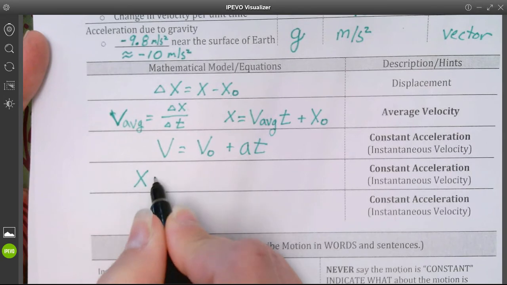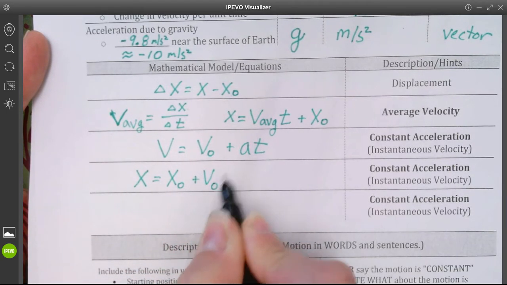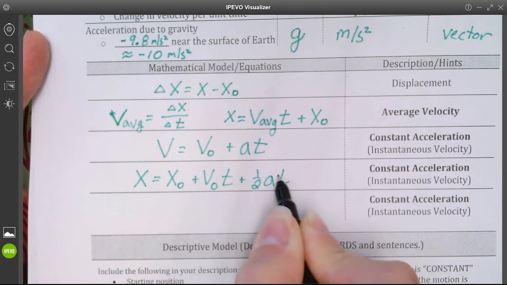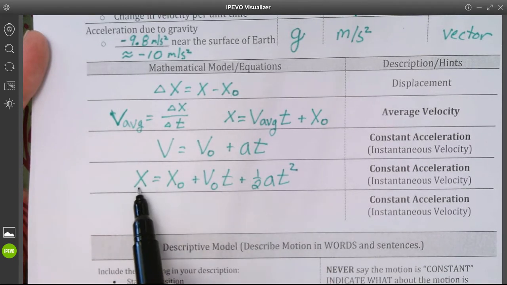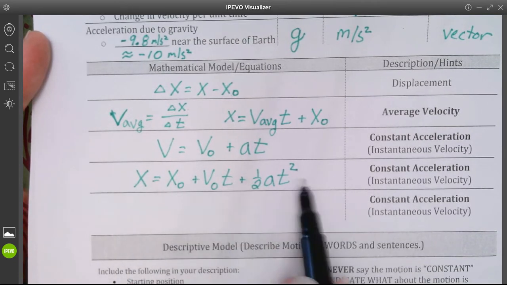Our next equation, x equals x naught plus v naught t plus 1/2 at squared. This is the equation that we want to use if we don't know anything about our final velocity and we're not looking for final velocity. So you'll see final velocity does not show up in this one at all.